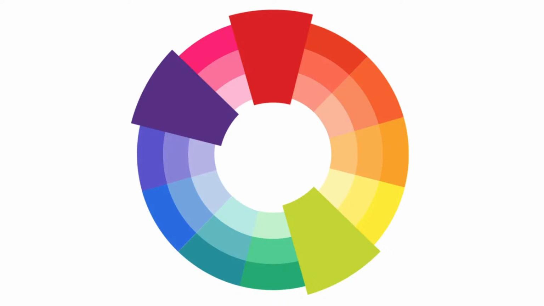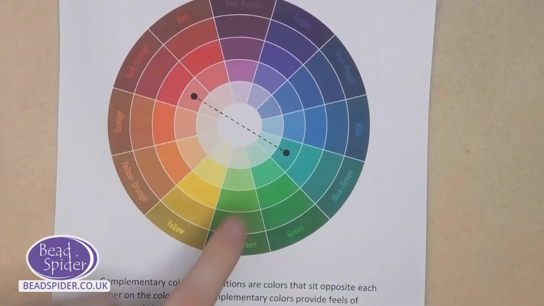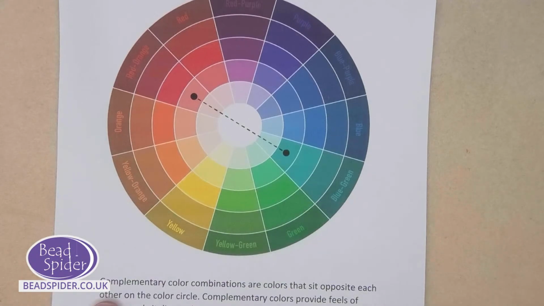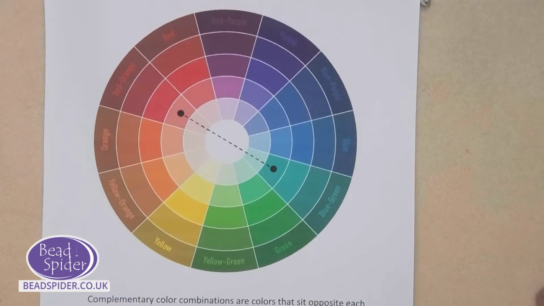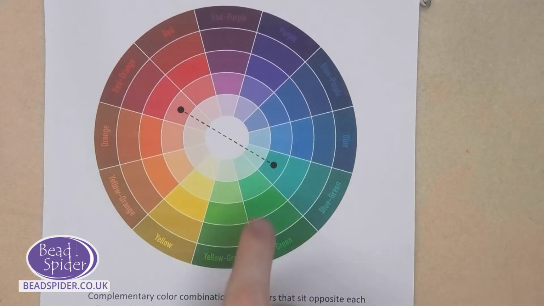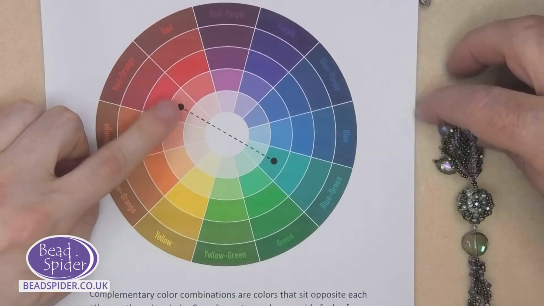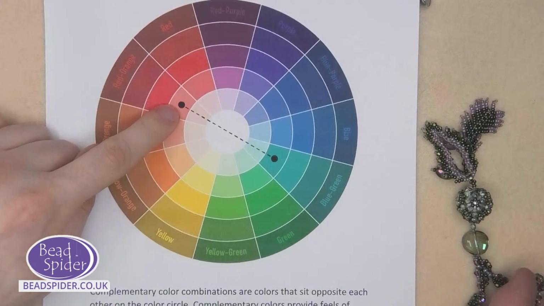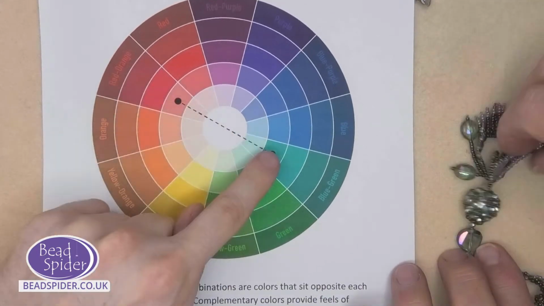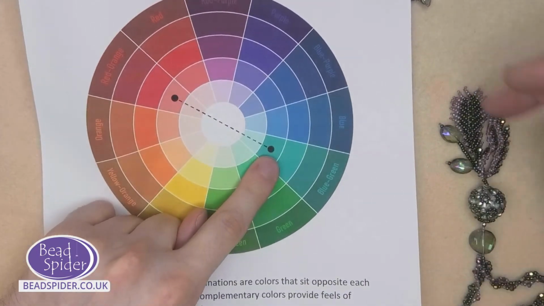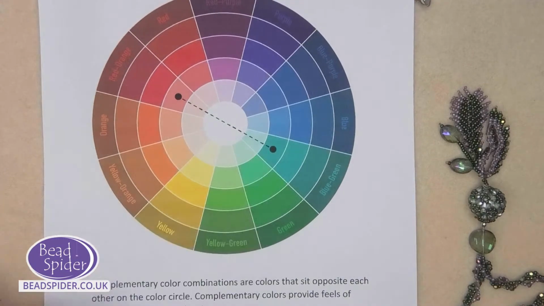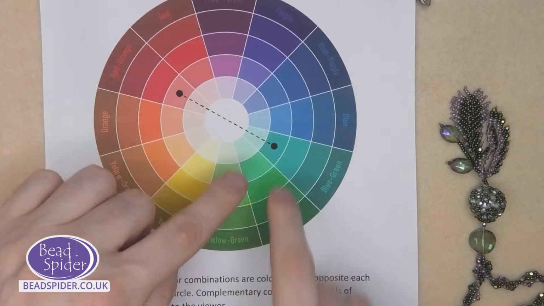So if I show you on this one here, just say you want your main color, whatever you've chosen as your mood, something autumny or whatever, you say this is your main color here, and what you would do is you look at the opposite side of your color wheel, so that's why it's called the complementary color, and then you move outwards.